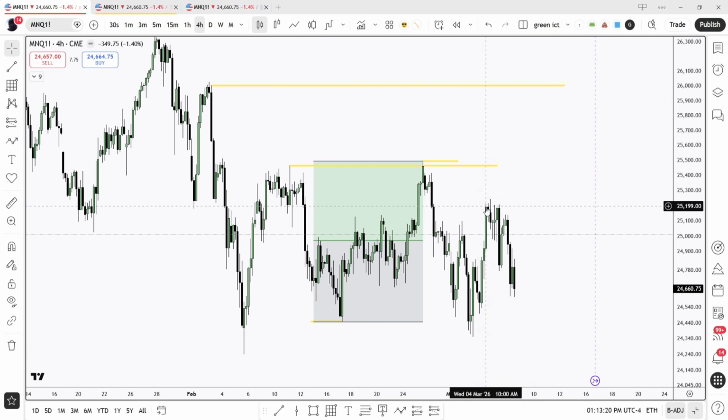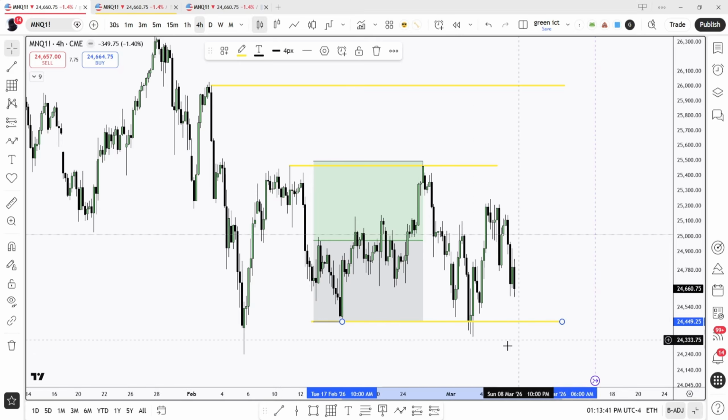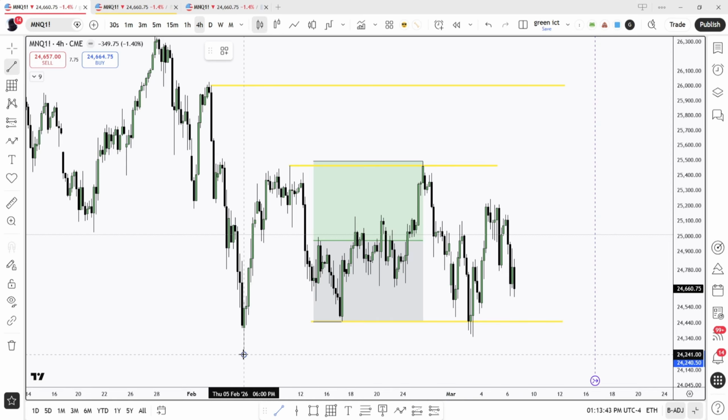I caught some sells. I was waiting for price to sweep the high. And if we failed to go higher, failed to go towards our buy side objectives up higher, then I would be open to shorts back down to sell side, which was we had lows down here and also these lows.